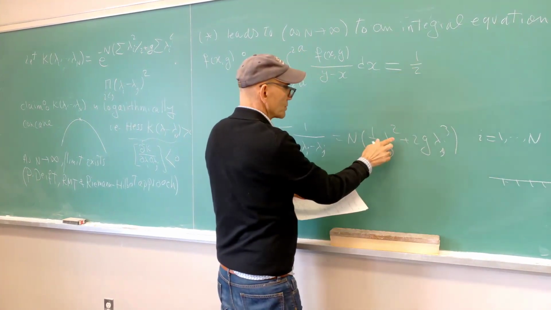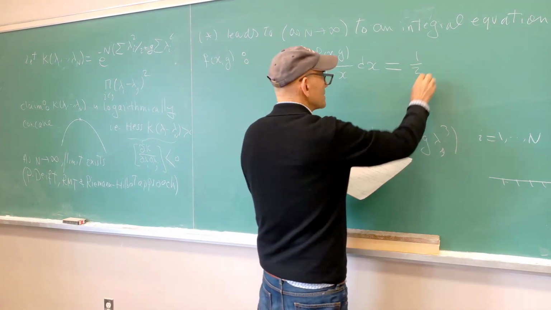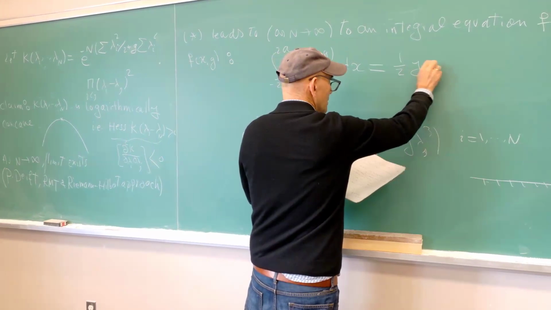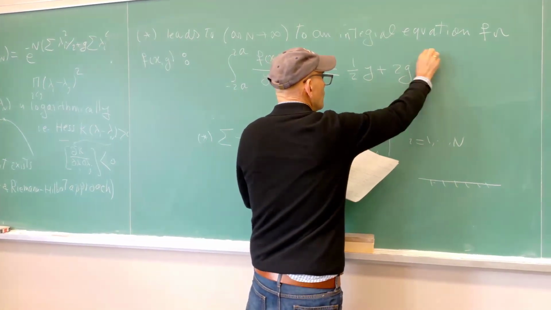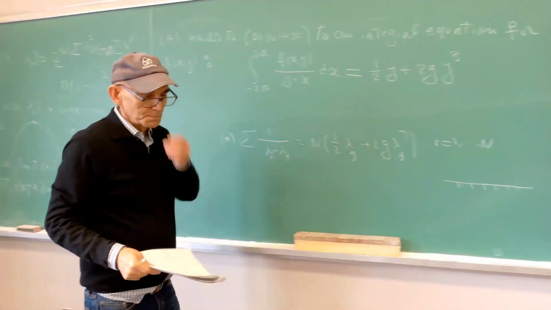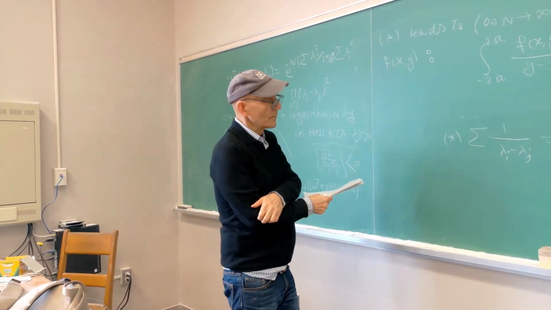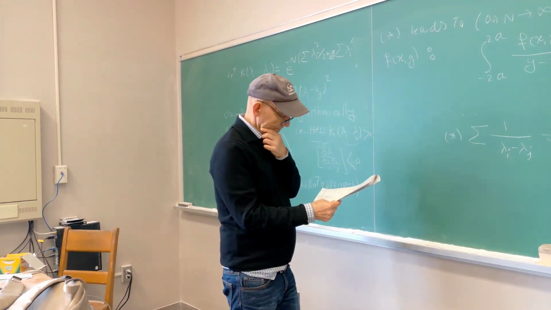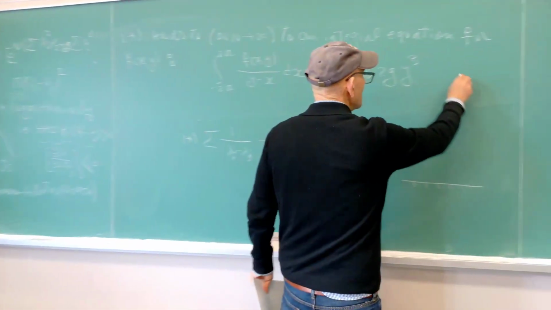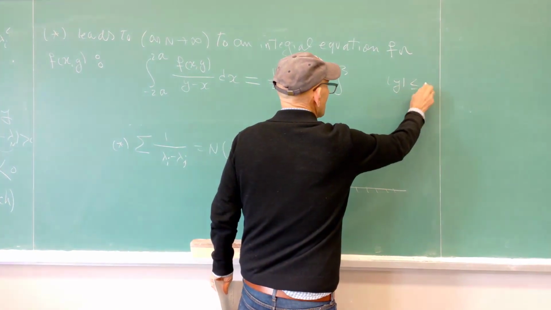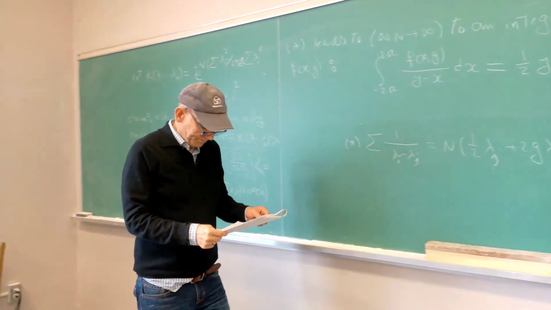Oh, this shouldn't be y squared. Sorry, this is 1/2 y plus 2g y cubed. This is for absolute value of y.